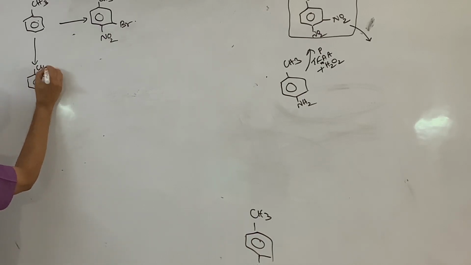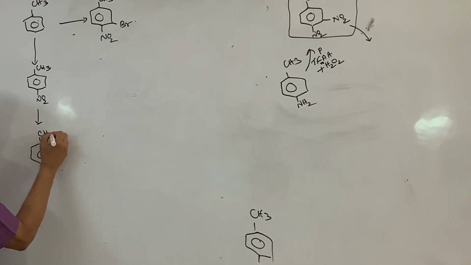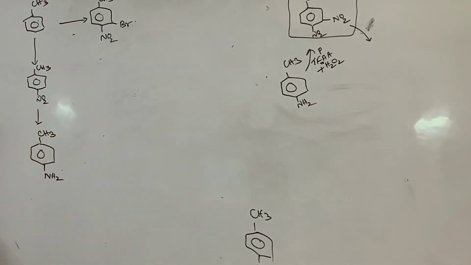Toluene, para-nitrotoluene, right? Toluidine, para-toluidine, this is formed.